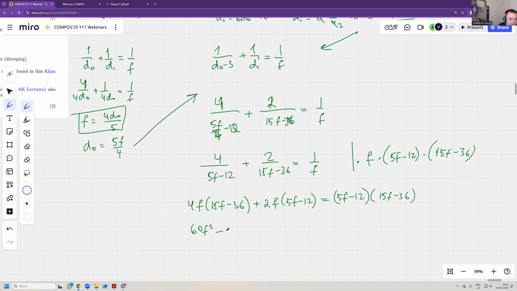Open brackets, 60f squared minus 108. Is it? No, it's not. 144. 144, is it?